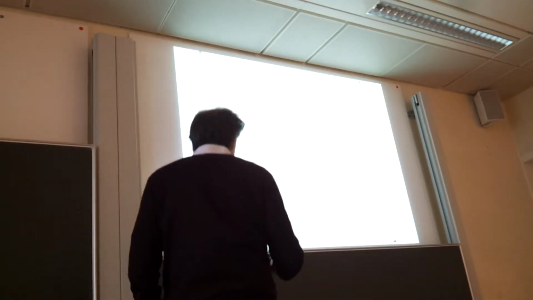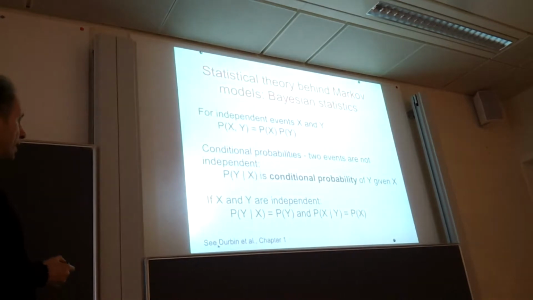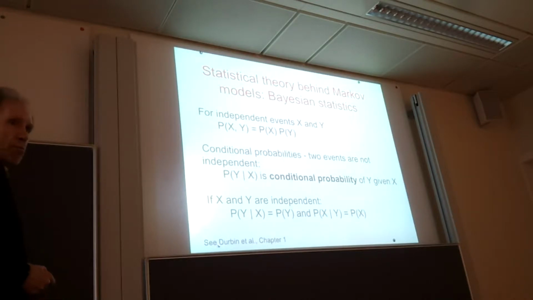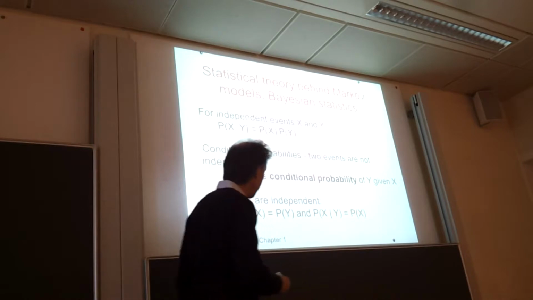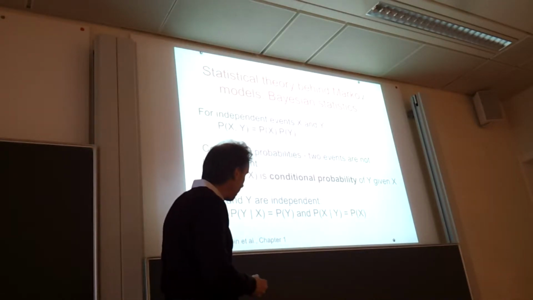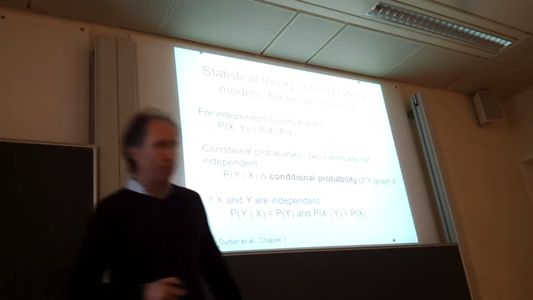And again, if X and Y are independent, then P of Y given X is just Py, because there is no dependence on X, and the other way around, of course, the same. The probability of X given that Y happened, with no relationship, is just the chance for Px. There is no dependency, right?